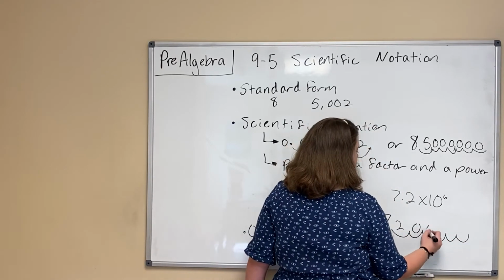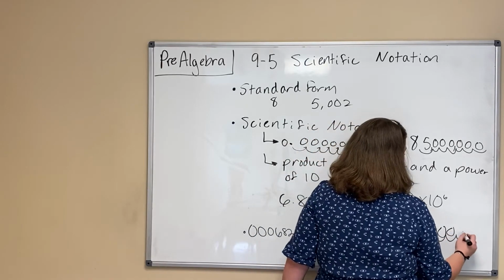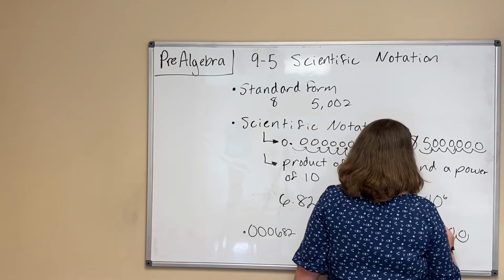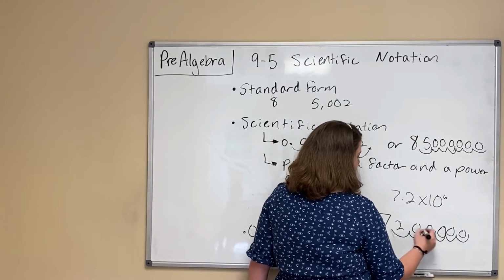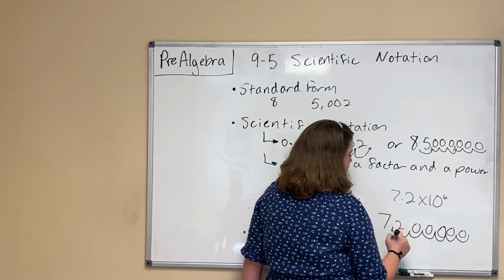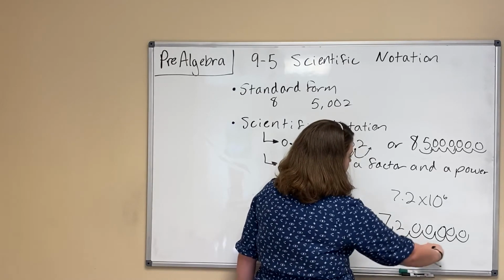I'm going to put zeros in. So my standard form number is actually 7,200,000.